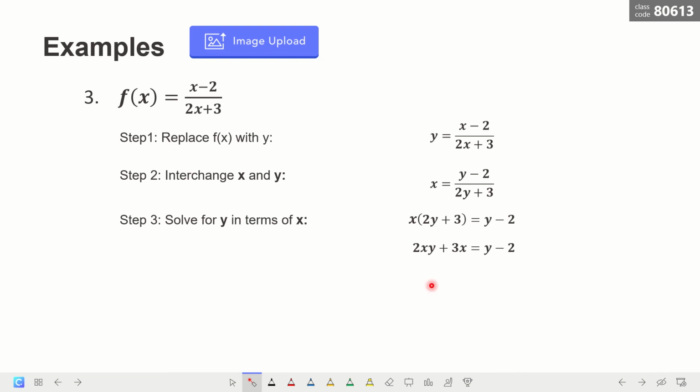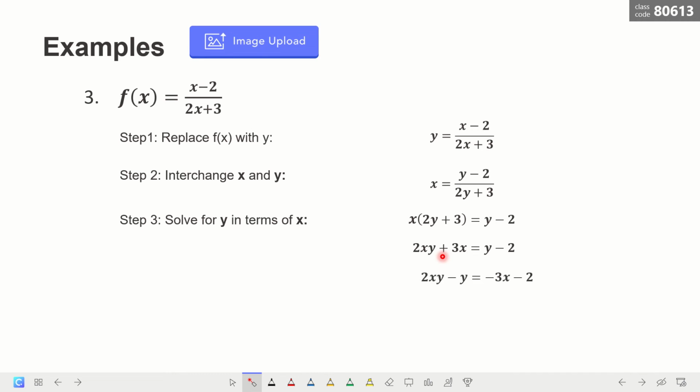Since we need to solve for y here, we need to simplify our equation.